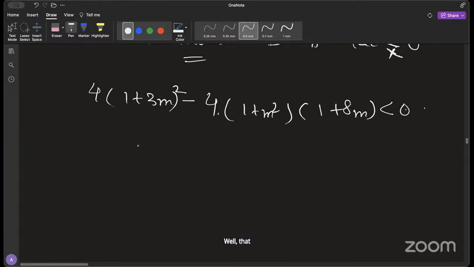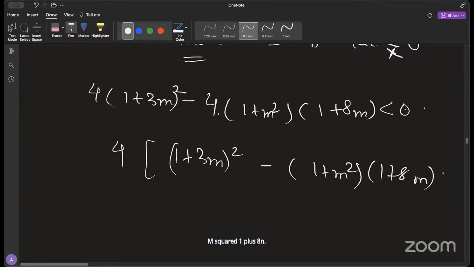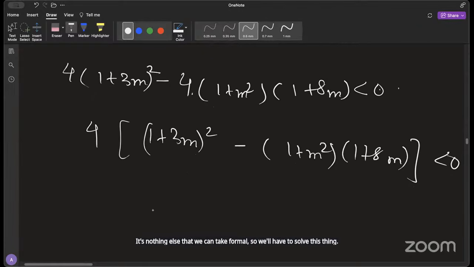Now that means, let's take 4 common from here. Then you will be left with (1 plus 3m) squared minus (1 plus m squared)(1 plus 8m). It's nothing else that we can take common, so we'll have to solve this thing.